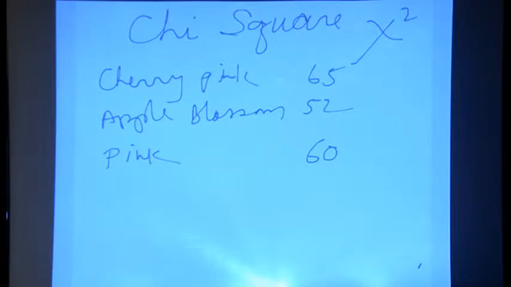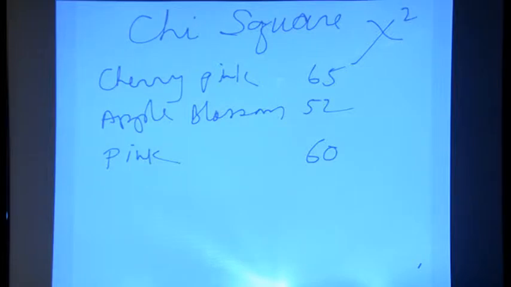We want to find statistically if this is true. Surely when you look at the numbers, we say, yeah, cherry pink is more popular than the other colors. But then we want to know statistically if it is significant. If he makes only cherry pink, is it going to help him make profit? And so, we are going to do a statistical study.